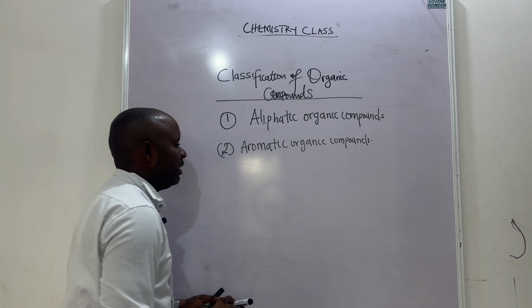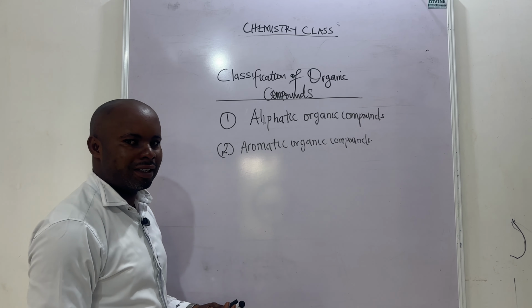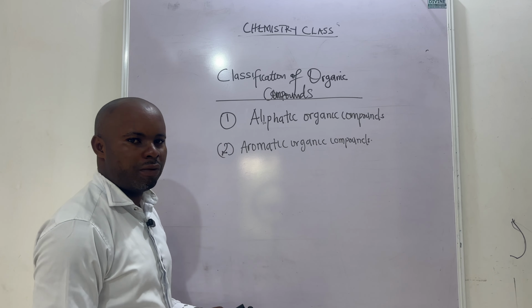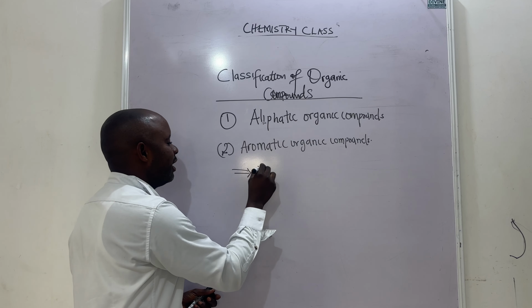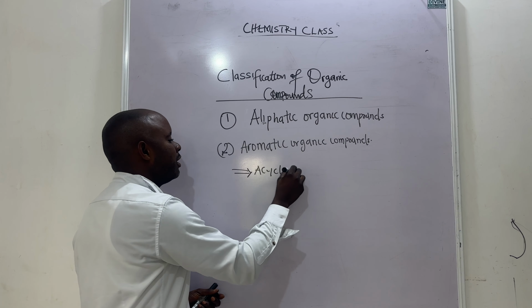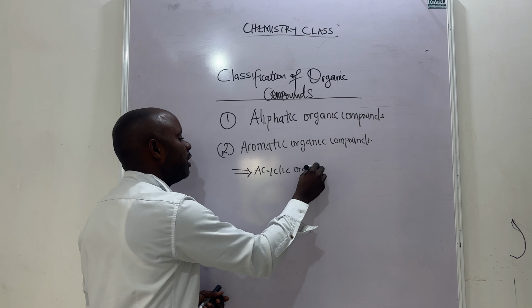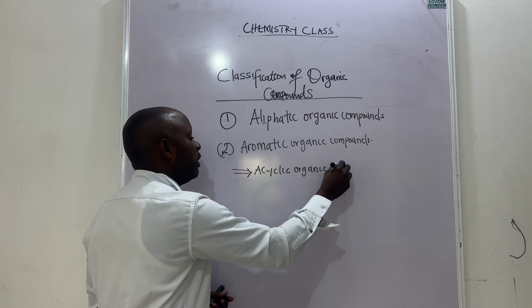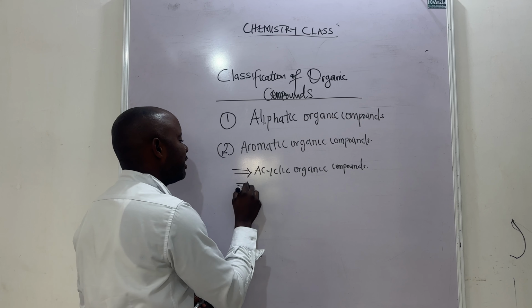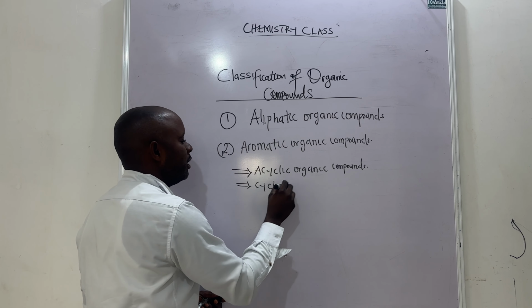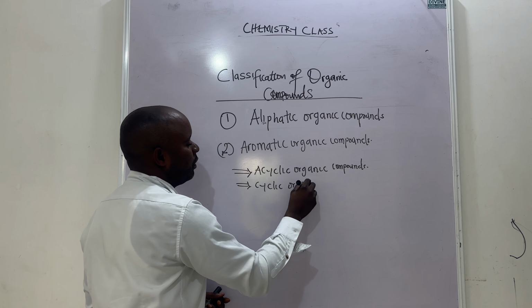In this aspect, we are going to talk more about the basic terms that should not confuse us as students. One of them is what is known as acyclic organic compounds. We're going to talk about cyclic organic compounds.